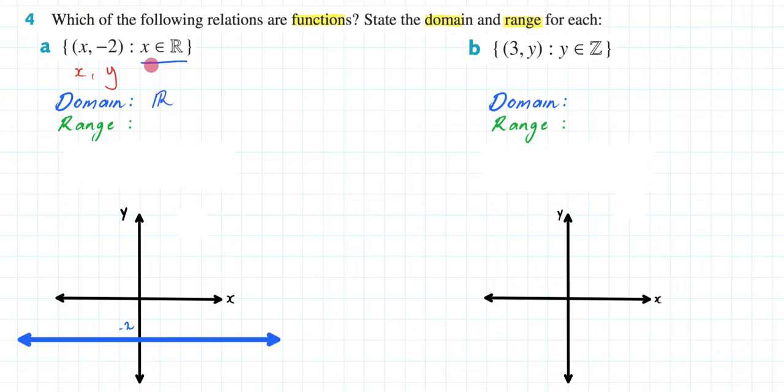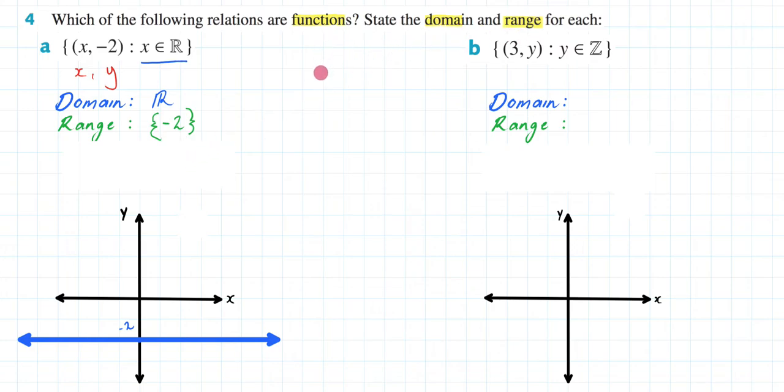As you can see here, my x is equivalent to all real numbers, and when you look here, it's quite clear that all my x values are going to exist. In terms of my range, it's all my y values, and that's only going to be y equals -2. That's the only one that's going to exist. So I'm going to put fancy brackets, -2. So that's the first part of the question, figuring out the domain and range.